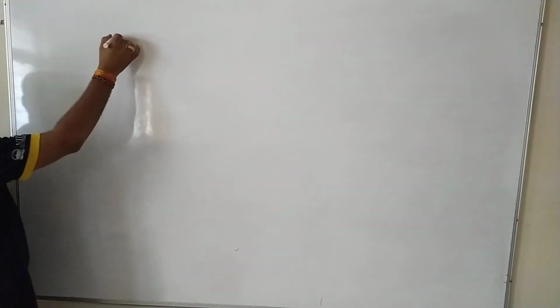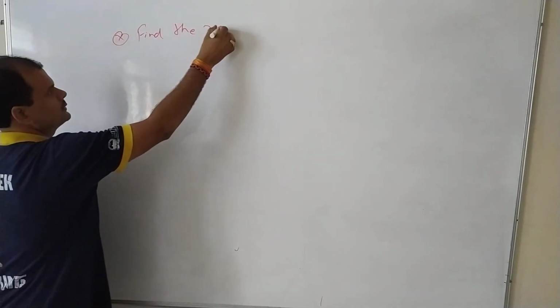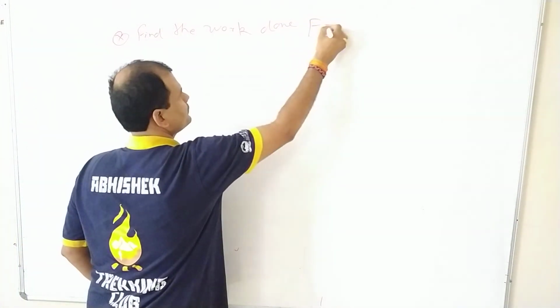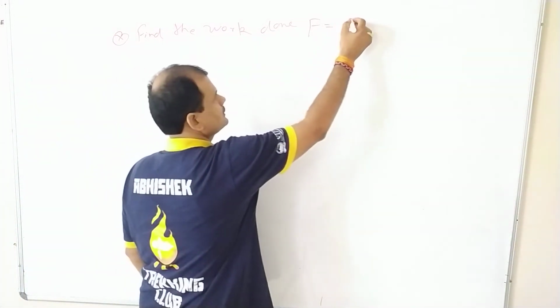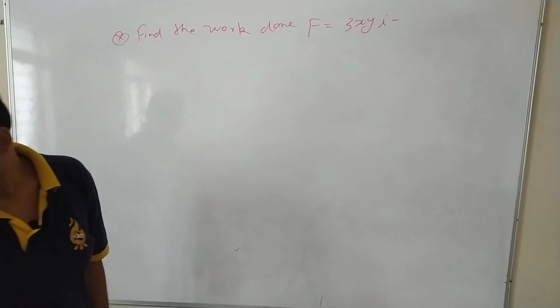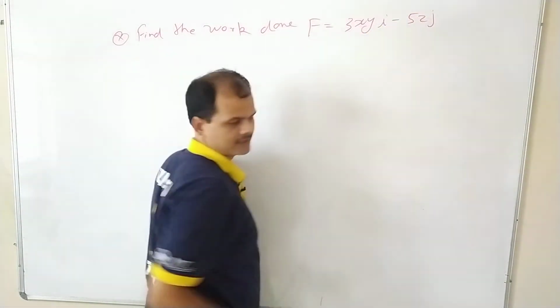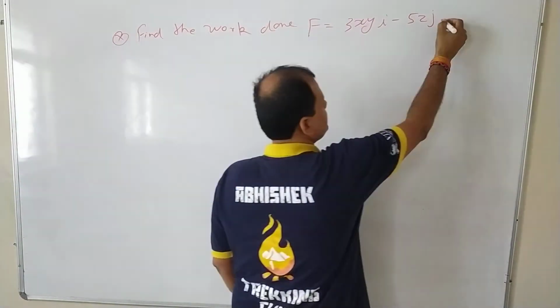I'll take one question. Question is find the work done by F. F equal to 3xy i minus 5z j plus 10x k.